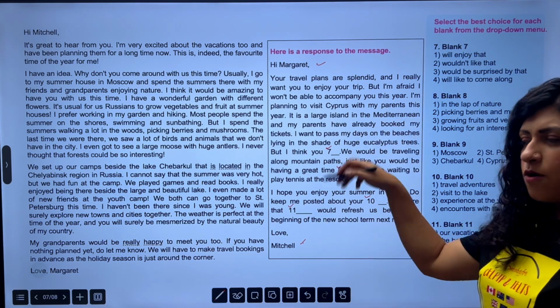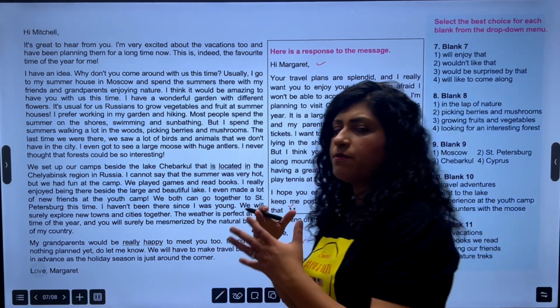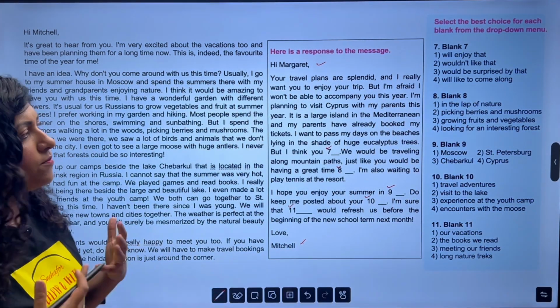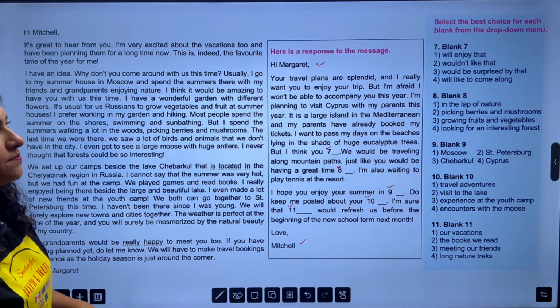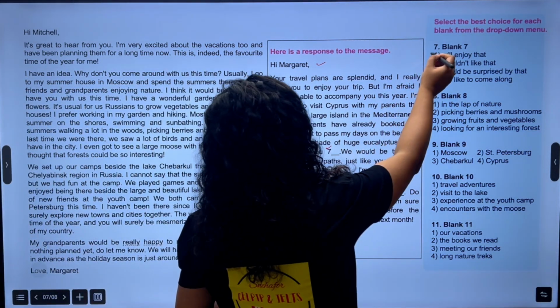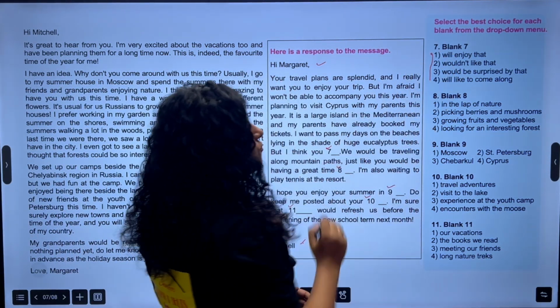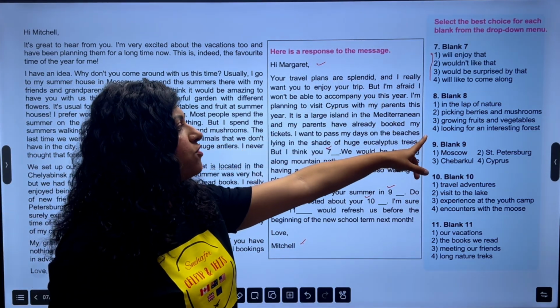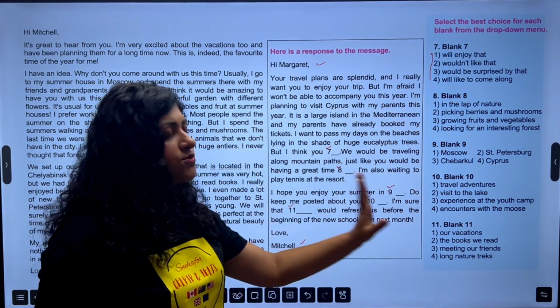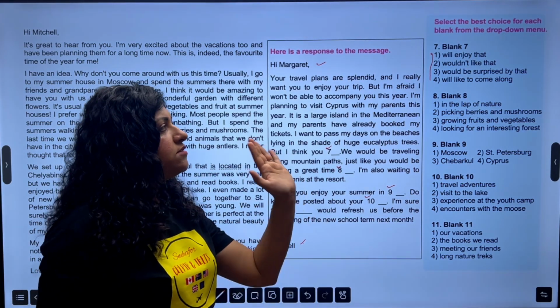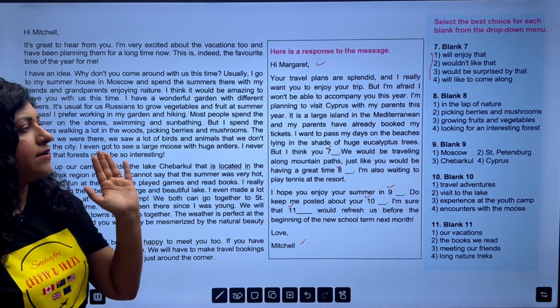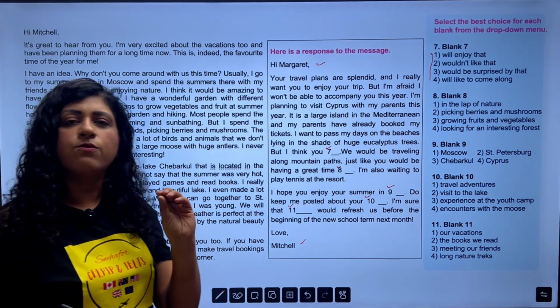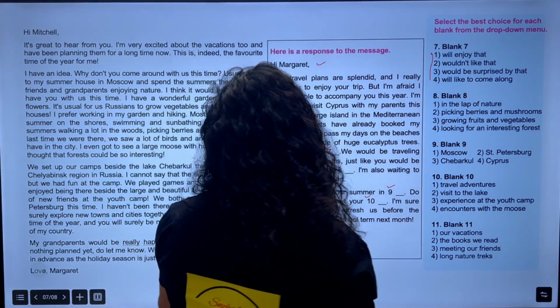The options for these would be given in the form of a drop down menu in your examination. Here, these are given over here. As you can see, 4 options for question number 7, 4 options for question number 8, and so on. In total, there are 11 questions in part 1 of reading.